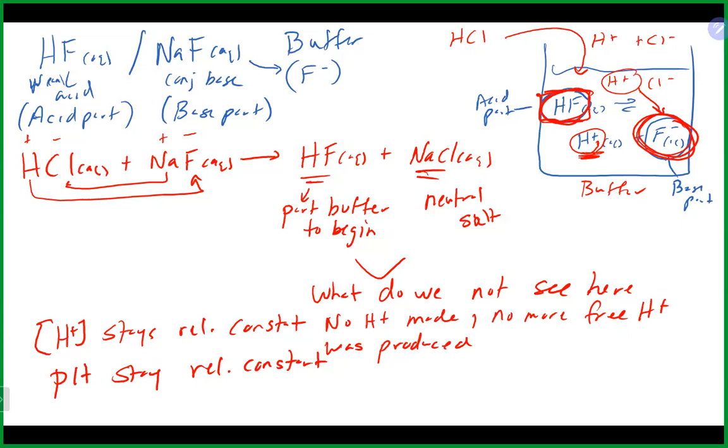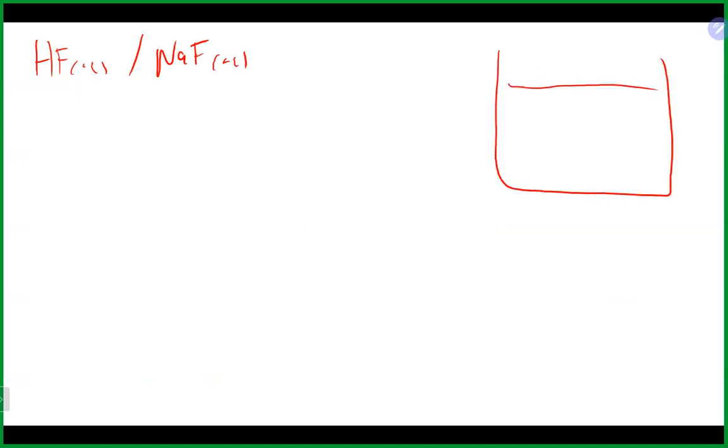So let's then take a look at what happens when we add a base to a buffer. So let's just say we had our same buffer here, our HF and our sodium fluoride. And again, in this case, we're going to have our beaker where our weak acid is going to set up that equilibrium.